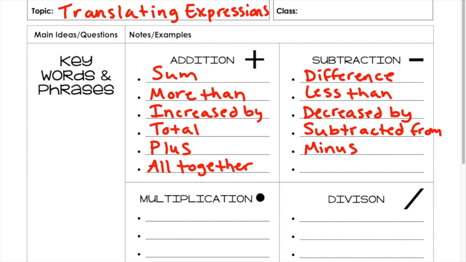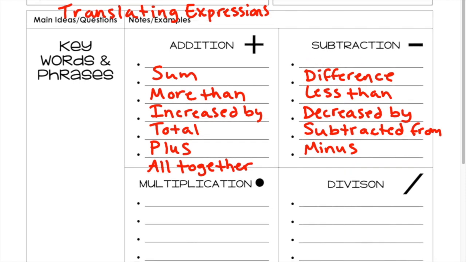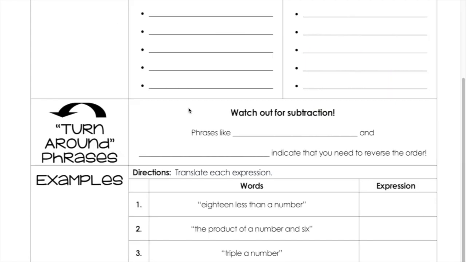Now let's look at multiplying and dividing. Some keywords for multiplication and division. Obviously we just had times. If we times two numbers together, it means we're multiplying. Product, because the product is the number that you get when you multiply two numbers together.